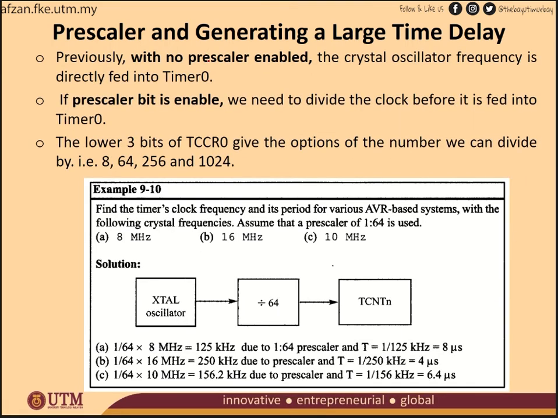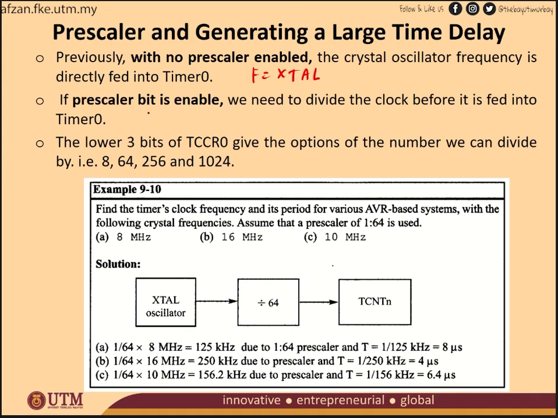Previously, with no prescale enabled, the crystal oscillator frequency is directly fed into timer 0, meaning that your f equals your XTAL, or sometimes your f equals your oscillator frequency.